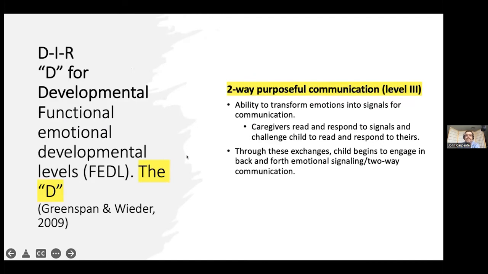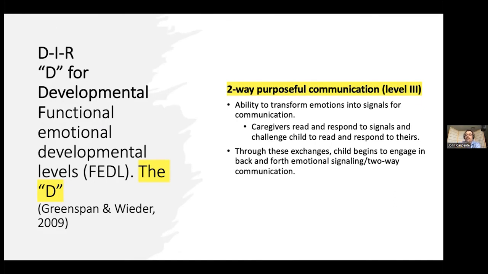Level 3 is two-way purposeful communication. And this is the ability to transform emotions into signals for communication. And they understand, read, and respond to the caregiver's signals or the therapist's signals, right? And when the therapist challenges the child, can they understand this and then respond accordingly to make the interactions more spontaneous?